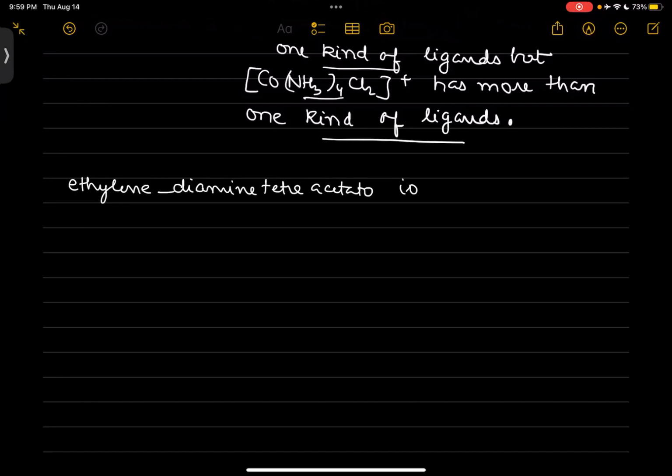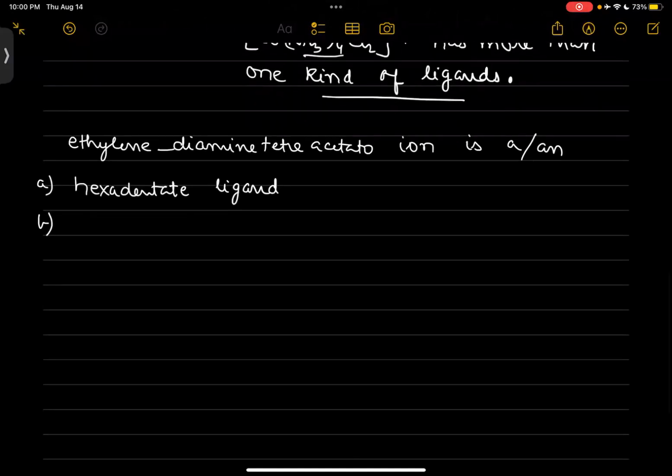This is also from NEET 2024. NEET has given these options which I'm writing.